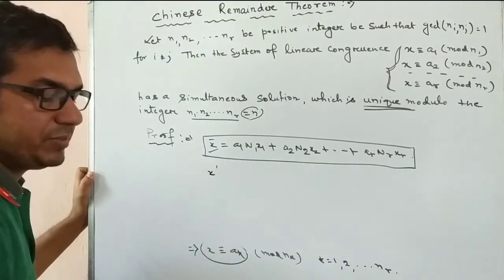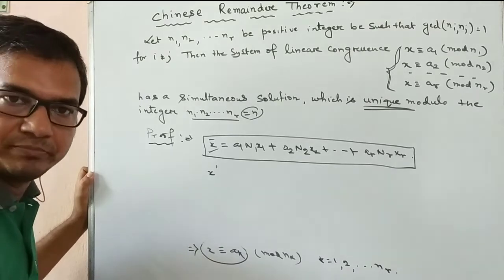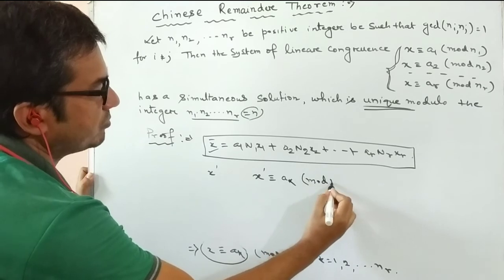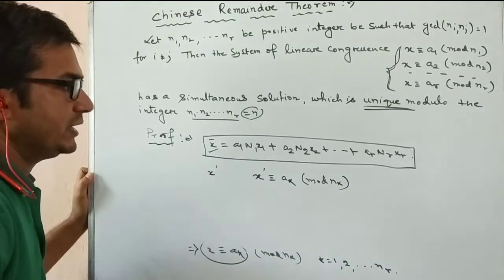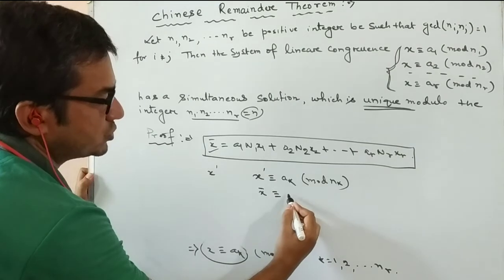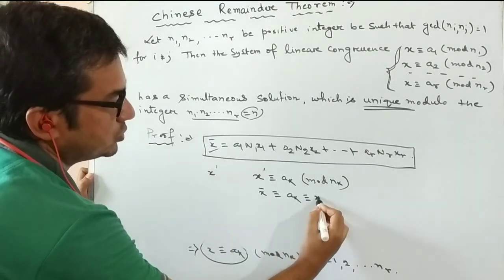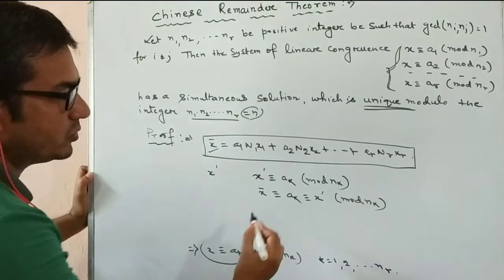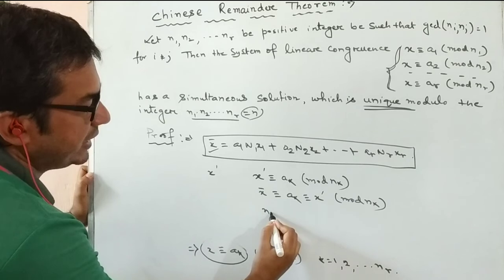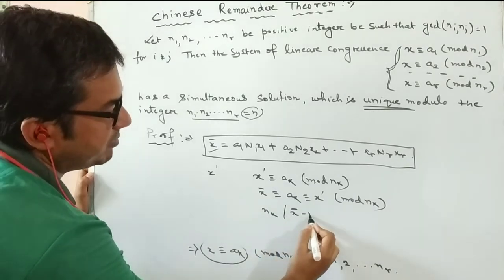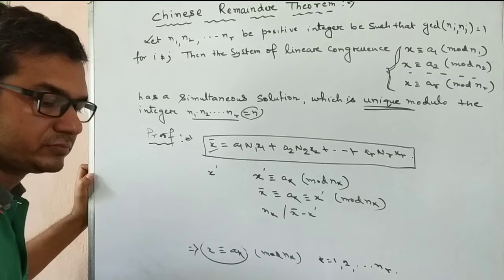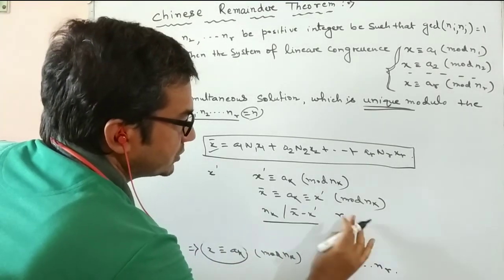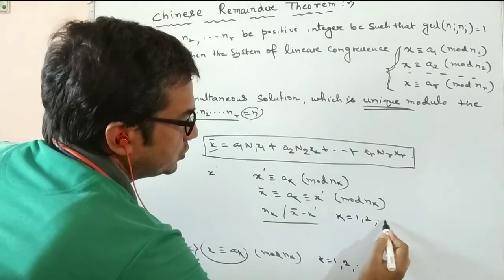If x dash be another solution of this system, then we can write x dash congruent to a_k mod n_k also, that is x bar congruent to a_k congruent to x dash mod n_k. Now n_k divides x bar minus x dash, and this result is true for k equal to 1 to r.